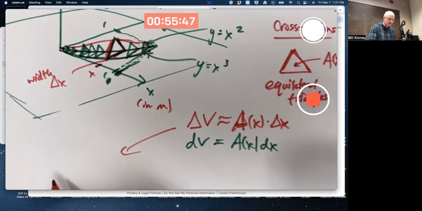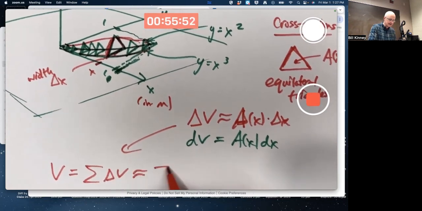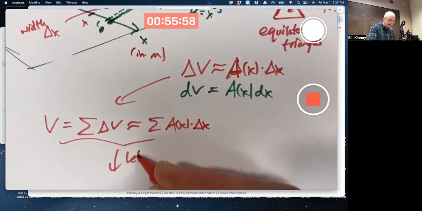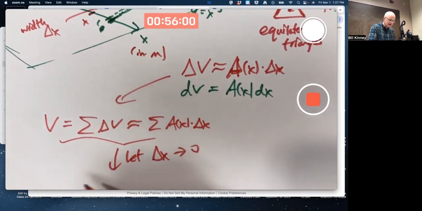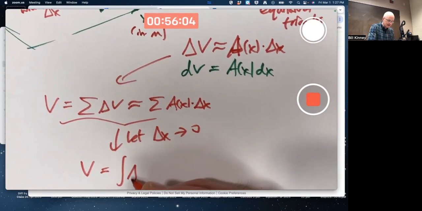The total volume as a Riemann sum is the sum of the little volumes, which is approximately the sum of A of x times delta x. And therefore, as delta x goes to 0, just like always so far today, the volume will be the integral of A of x.